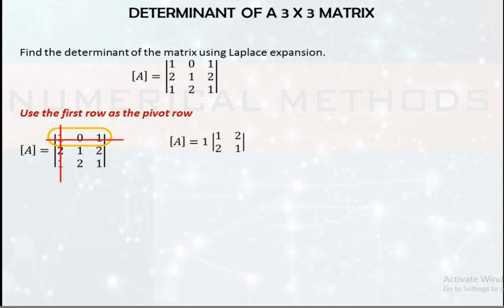So, kung yan yung magiging pivot row ko, dyan ilalagay yung cursor. If I'm going to take the cofactor of 1, yan yung magiging cofactor ko. Then, ililipat ko ngayon yung cursor dun sa 0. Minus yung cofactor ng 0.